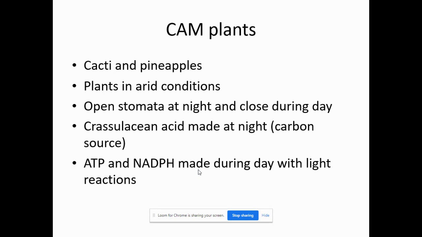So how do they deal with that conundrum? Well, they make an organic acid at night while the stomata are open, and then this organic acid is used as a carbon source during the day when the light-dependent reactions are going on.